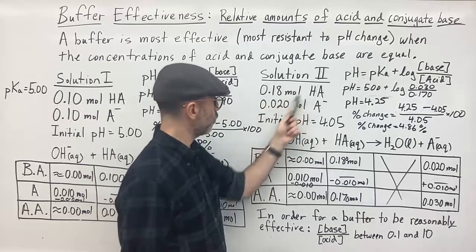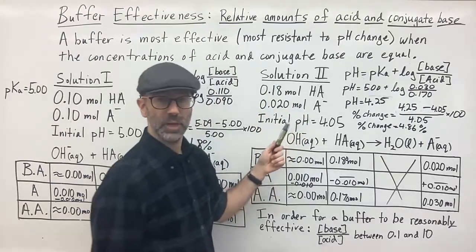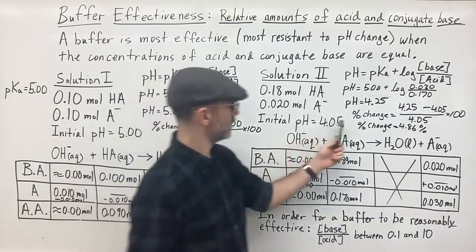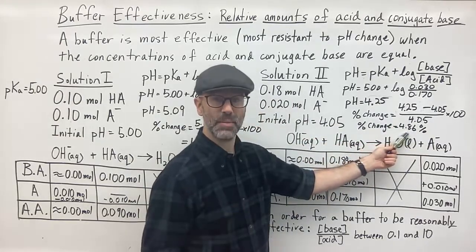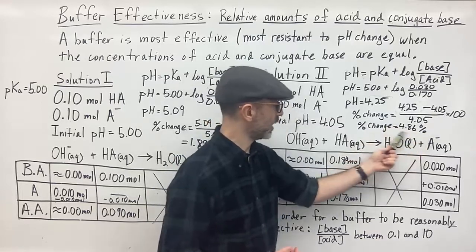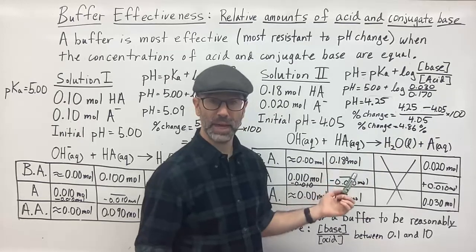So when you have more acid or base, or more base and acid, the effectiveness of the buffer is not as good, and you can see that the change here is greater. So when you throw the same amount of base into this buffer, the percent change is larger, so 4.86%. So the pH changes by that much.